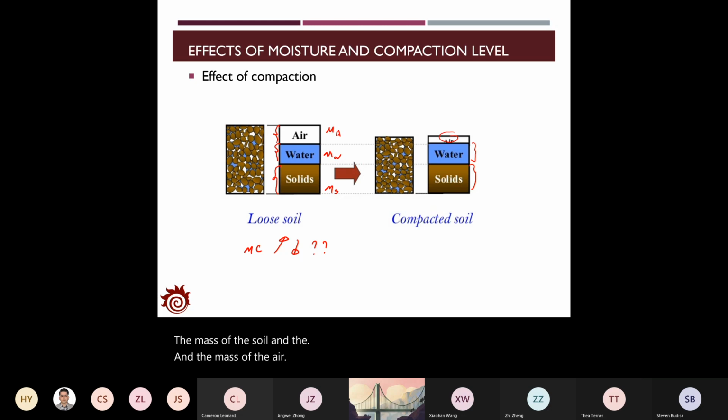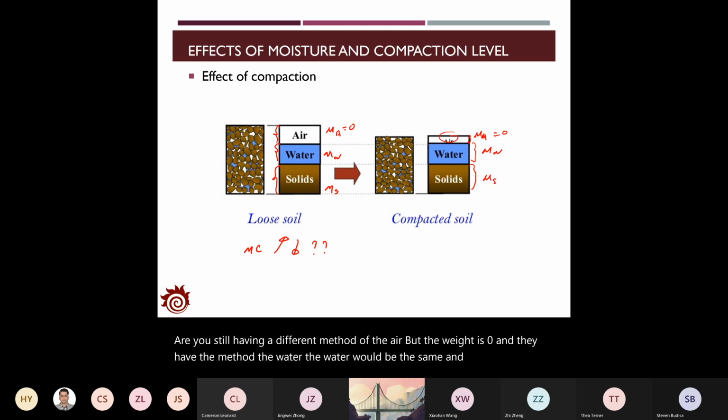For the air, the mass is 0, and after compaction the weight is still 0. The mass of the water and the mass of the solids stay the same.